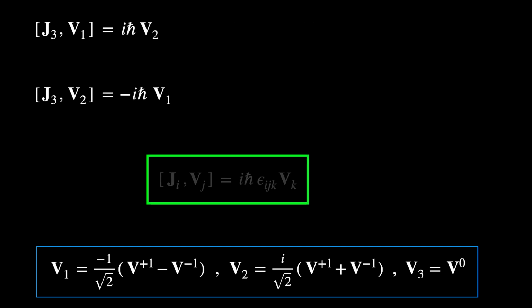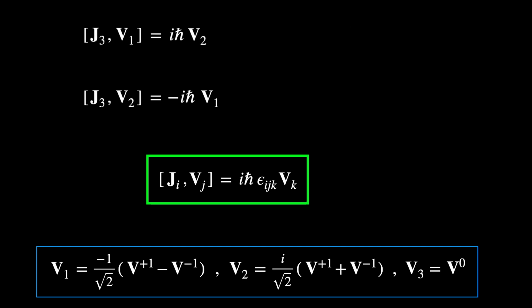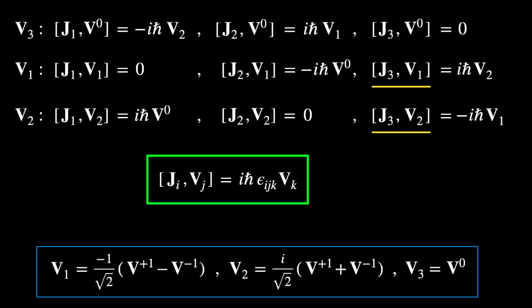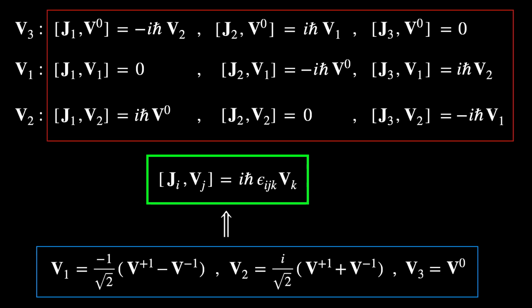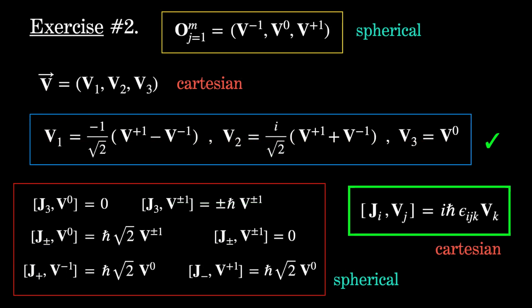Once again, it is easy to verify that these agree with the commutation relations in the green box. Thus we see that the solution in the blue box does indeed satisfy the commutation relations for Cartesian vectors. This concludes the solution for exercise 2.